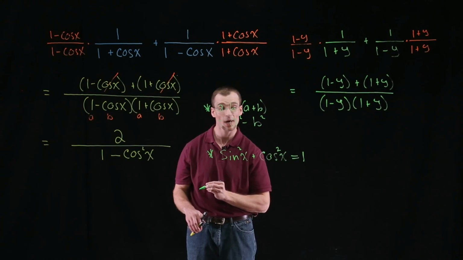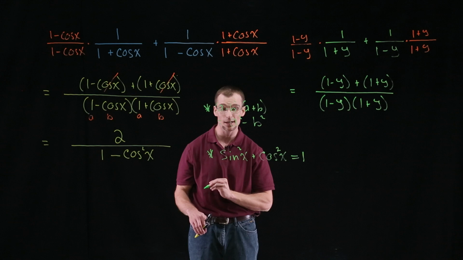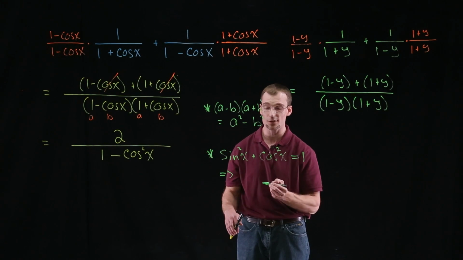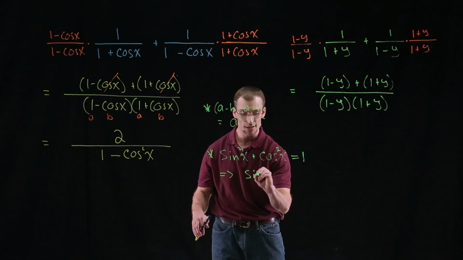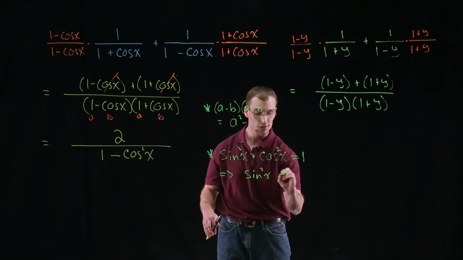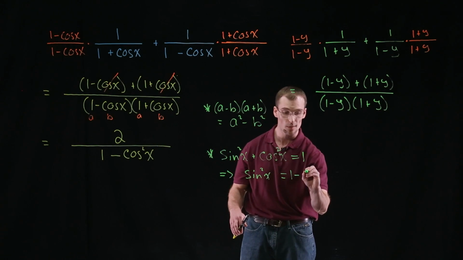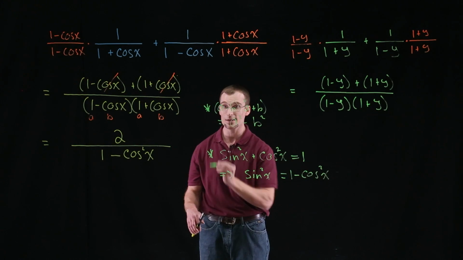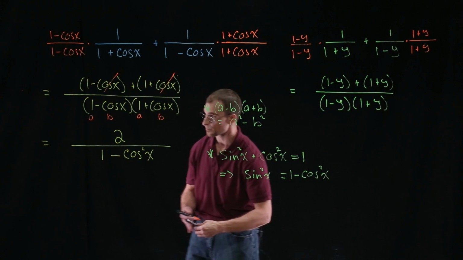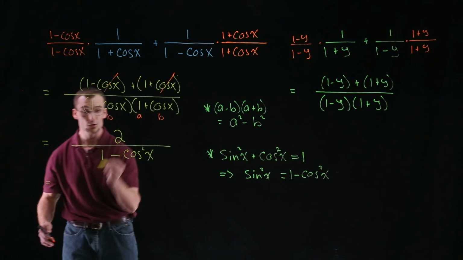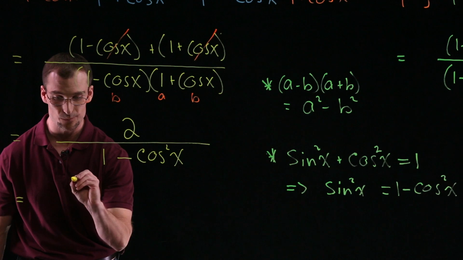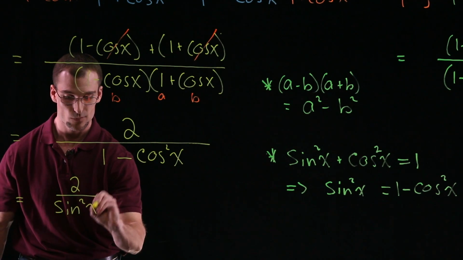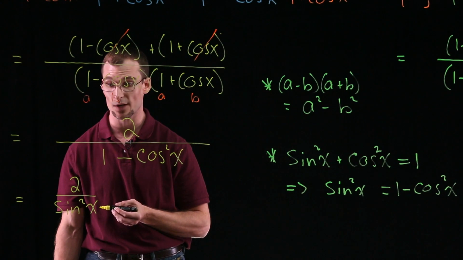Now again, what we have is 1 minus cosine squared x, and looking at our identity, we notice if we subtract cosine squared x from both sides, we get that sine squared x is equal to 1 minus cosine squared x. So we can make that substitution in our expression. So 2 over 1 minus cosine squared x is going to be equal to 2 divided by sine squared x.